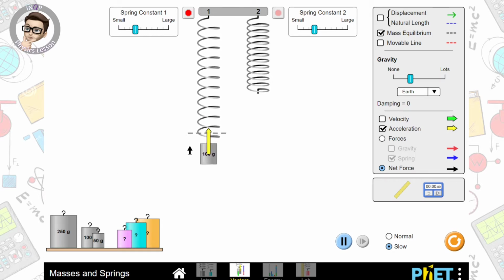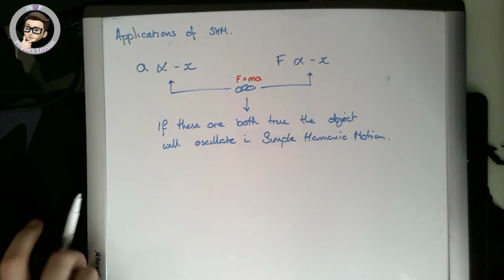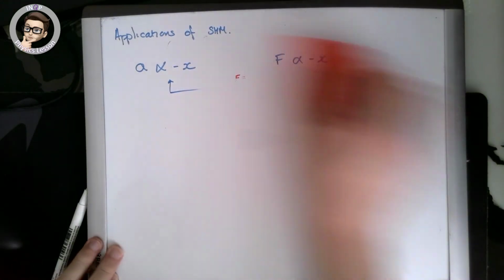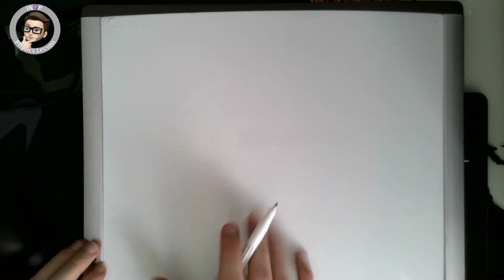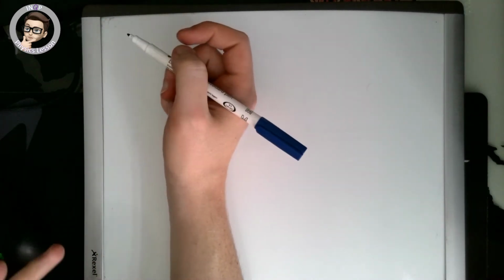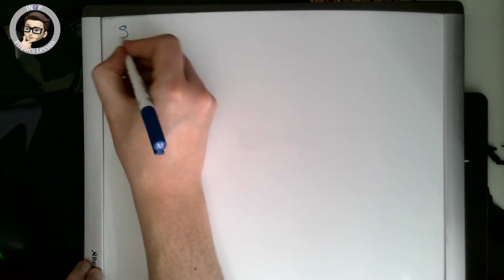Let's just go back to the visualizer because we're going to go for the next part, and we're going to describe springs, because springs are a very simple system for simple harmonic motion.